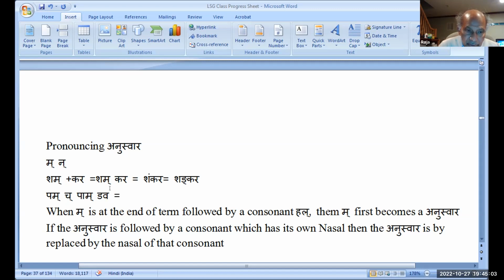First step will be, this is the first step. This makara is replaced by its anuswara. And this makara is replaced by anuswara because it is followed by a consonant. If it is followed by a vowel, that's a different issue.